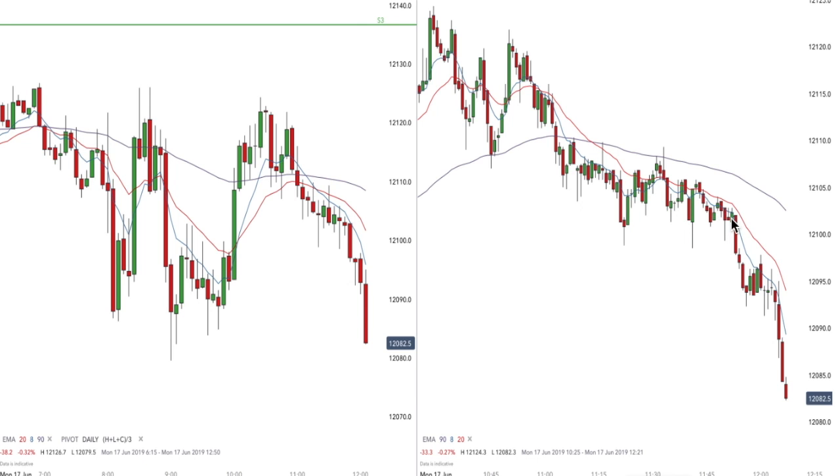but the market pressure was too great, and it doesn't matter how strong you think support and resistance levels are. If the pressure is strong enough, it'll take it through a support and resistance level, and the market came up, and the 12,100 level there didn't even get met and wasn't even required in order to provide resistance.